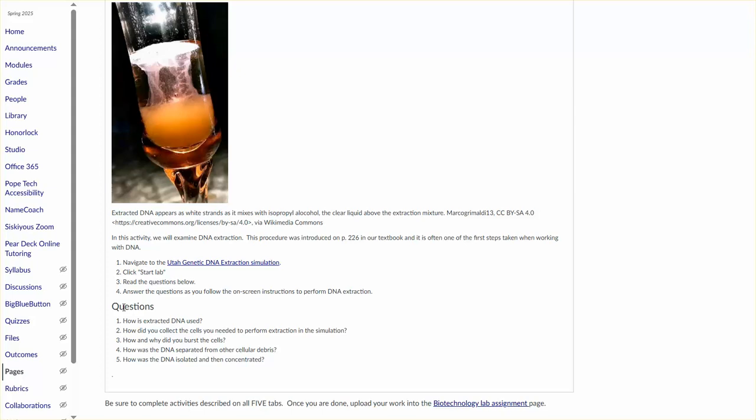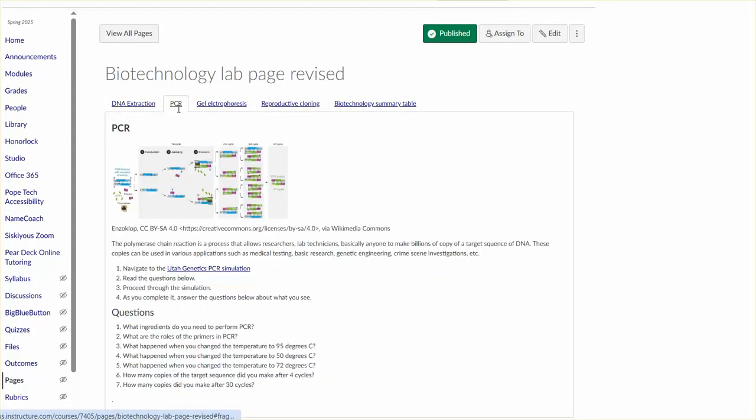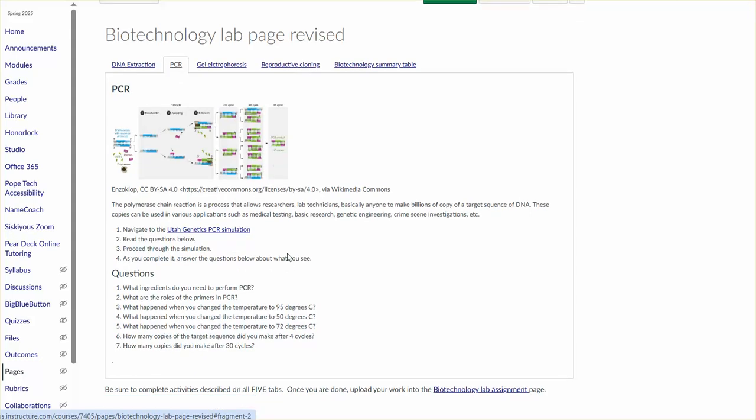As you do the simulation, please answer these 5 questions. Next, you're going to do a Utah genetics simulation of the polymerase chain reaction, or PCR. And as you complete that simulation, please answer these 7 questions about the specific steps in the process.